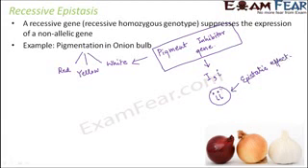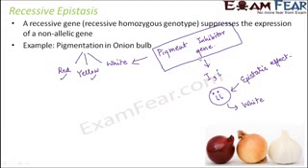Epistatic effect means this gene will stop the phenotypic expression of red and yellow, and as a result the pigmentation color of the onion bulb will be white. So basically the pigmentation color in onion bulb will be white only when small i is present. So only in this condition the epistatic effect of this pigment inhibitor gene will be seen.